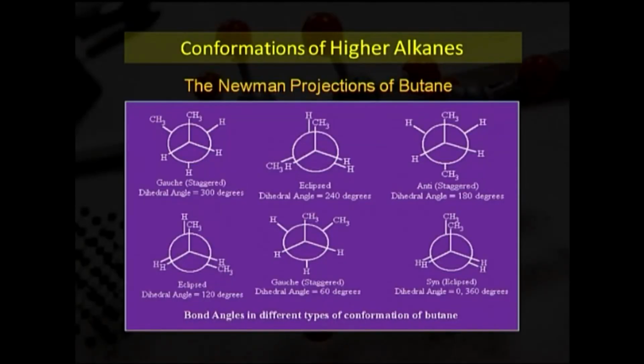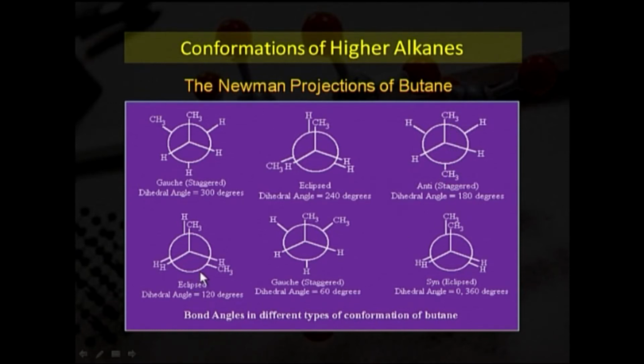Now, we will discuss the different bond angles in different types of conformations of butane by using Newman projections of butane. So, in this Gauche form, that is also known as a staggered form, the dihedral angle in between these methyl groups is 300 degrees, and in this eclipsed form the angle is 240 degrees, and in this anti form the dihedral angle is 180 degrees. This is to be clear.